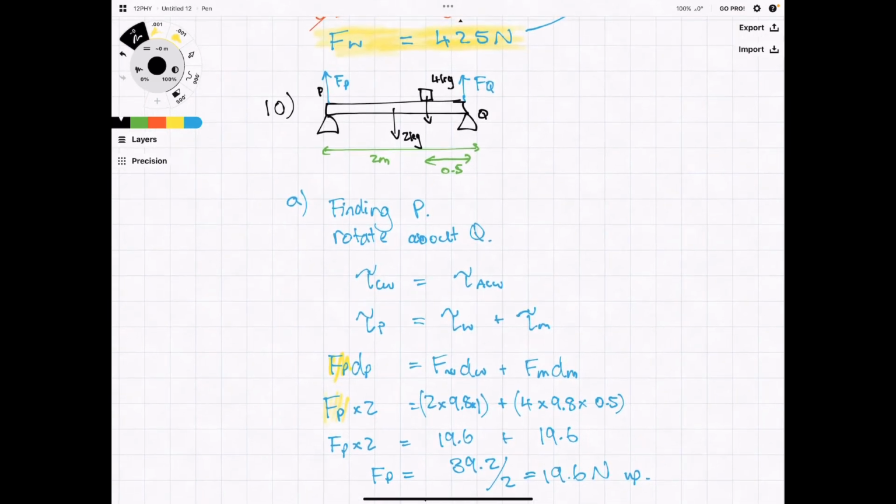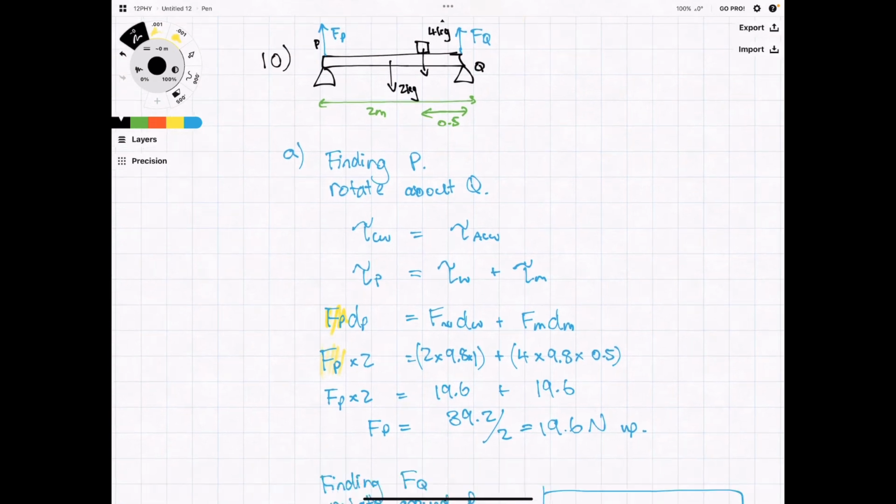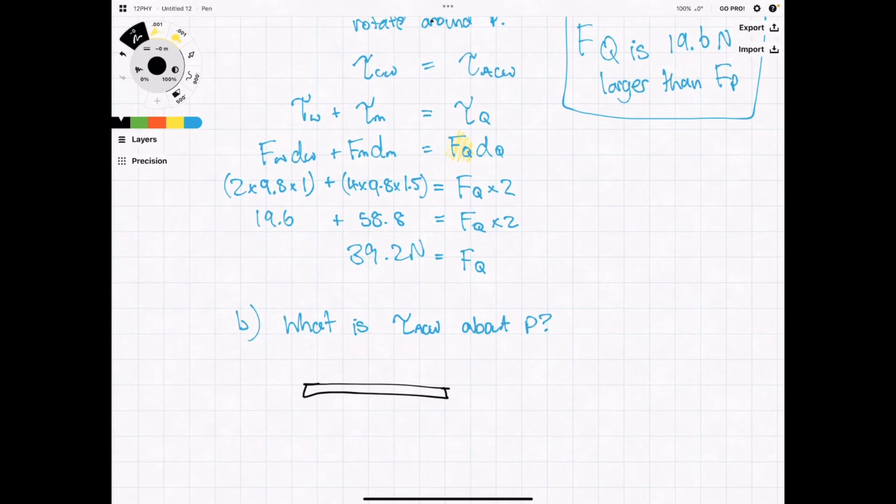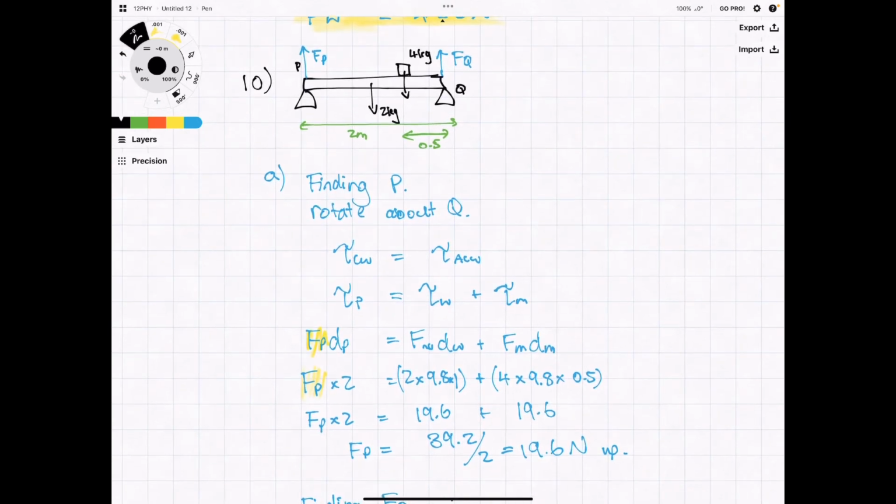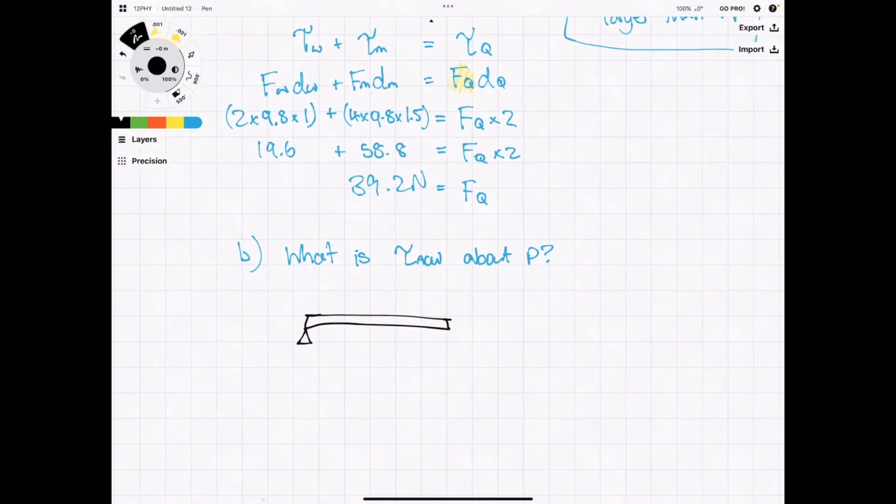So let's just draw our diagram again. P's on the left, so P's our pivot. We've got some forces. We've got our weight force and our mass. Okay, weight force of the plank, Fw, and we've got our mass over here, F of mass as well.